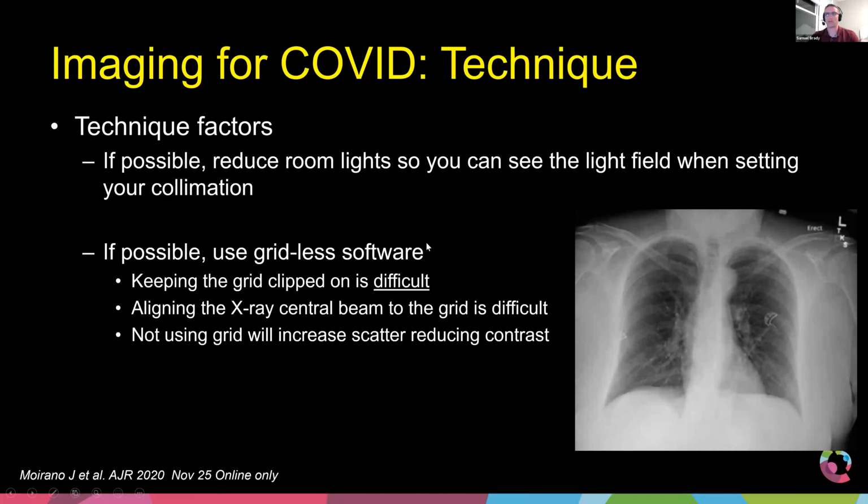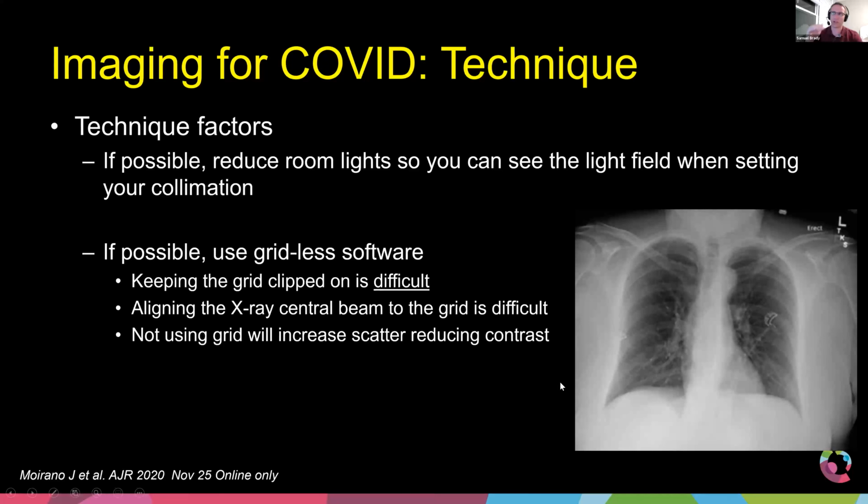In a perfect world, you will still do your best to get the tube as aligned as possible to use the grid because you'll get better image quality. But if you cannot guarantee a good perpendicular, or if the grid won't really stay attached once you put it in the bag and there's the potential for the grid to come unseated from the detector, or if the patient themselves has to hold it and it's hard for them to hold it, then you're just not going to be able to use a grid.